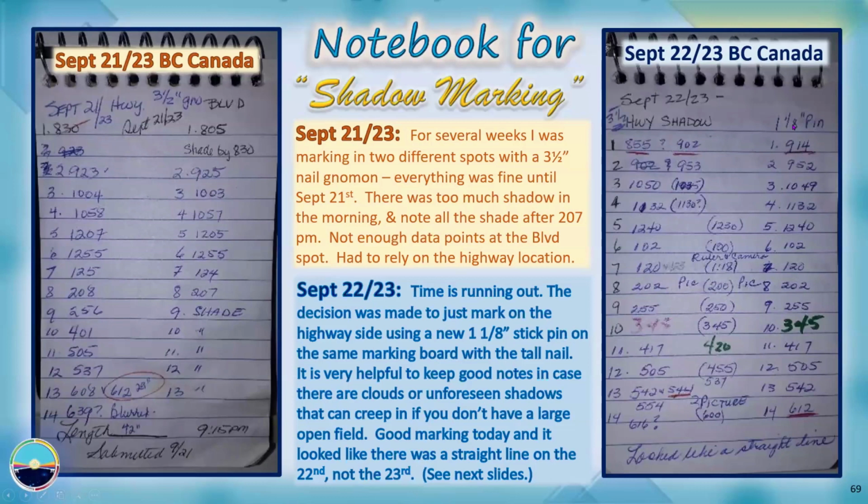But the pin, by the time I got things set up, there's my times, my marks and whatnot. And I put a note here at the bottom of my notebook that on the 22nd, it looked like I had a straight line. It looked to me like I had a straight line. Now, I wasn't expecting a straight line until the next day. So I wasn't sure if my eyes were playing tricks on me or not.